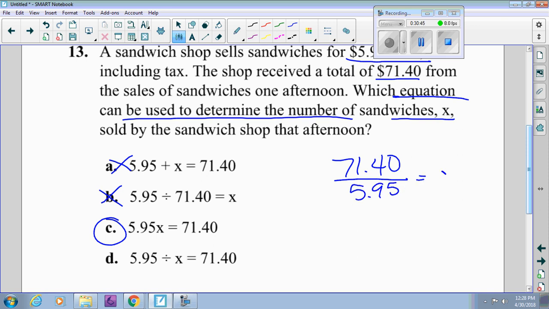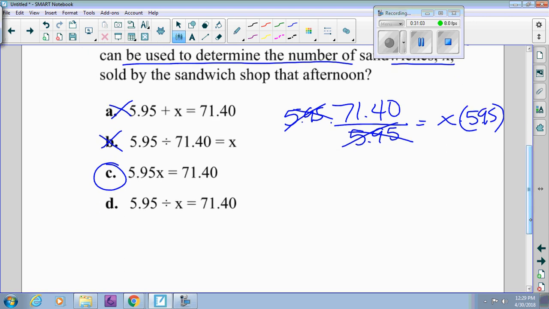That's going to give you X, right? If I want to get rid of this here, I would multiply this, right? That's what made that cancel. So you have to multiply the number of sandwiches times $5.95 each to give you that $70 that you earned.